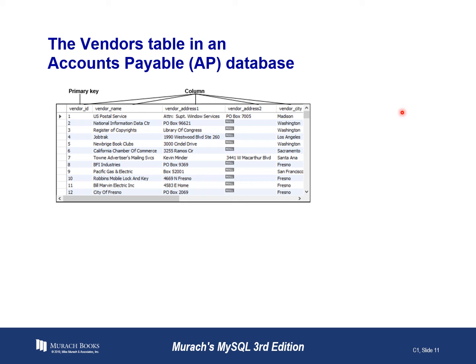Okay, let's talk briefly about the relational database model. In 1970, Dr. E.F. Codd developed a model for a new type of database called a relational database. This type of database eliminated some of the problems associated with standard files and other database designs.